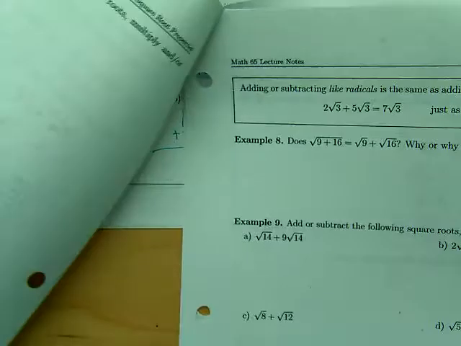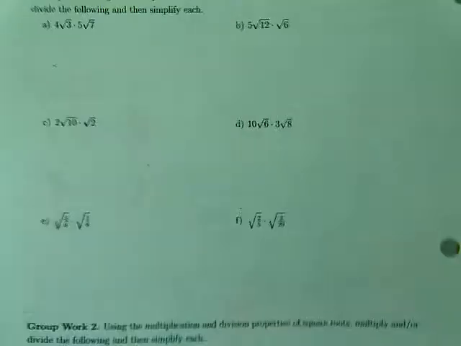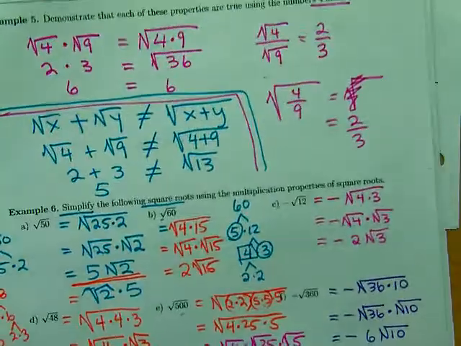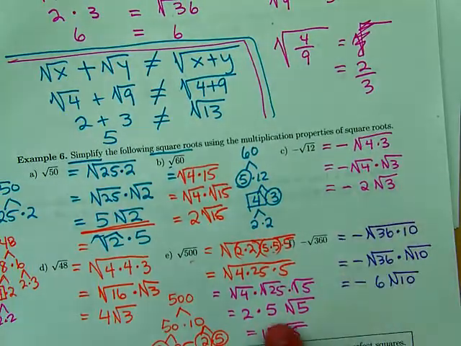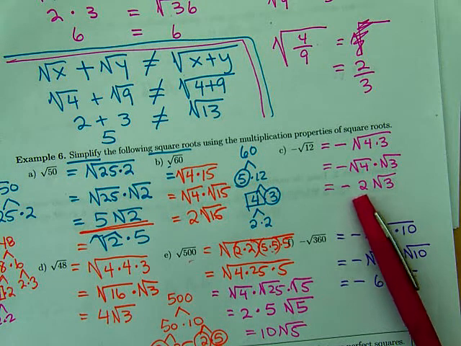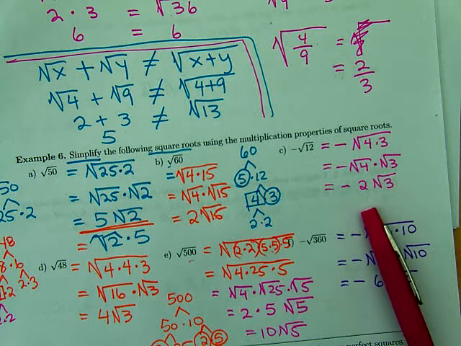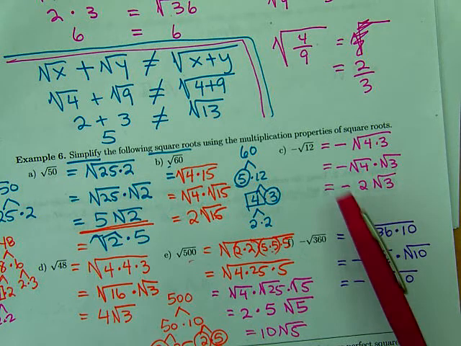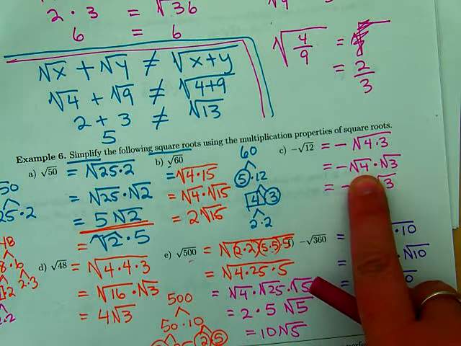Let's just go on to the next thing here. Which one are you talking about? C. So 2 times 2 is 4, but we're talking about the square root of 4, right?